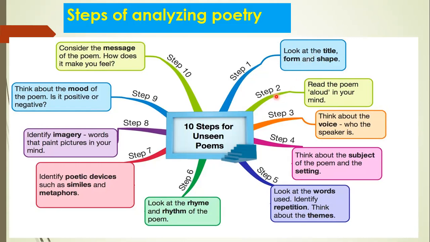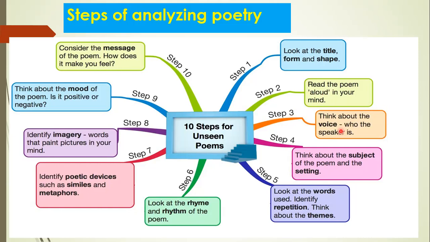Step number two, we need to read the poem aloud or in our mind. So we read it maybe more than one time, for example, two times, three times. And then step number three, we need to think about the voice, who the speaker is. So who is the speaker inside the poem?